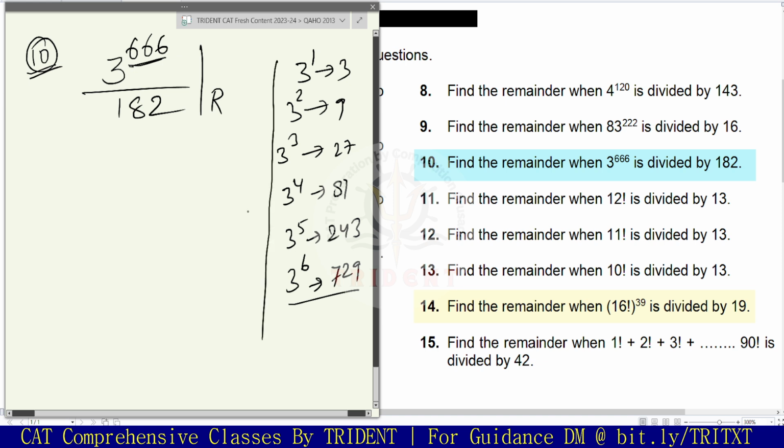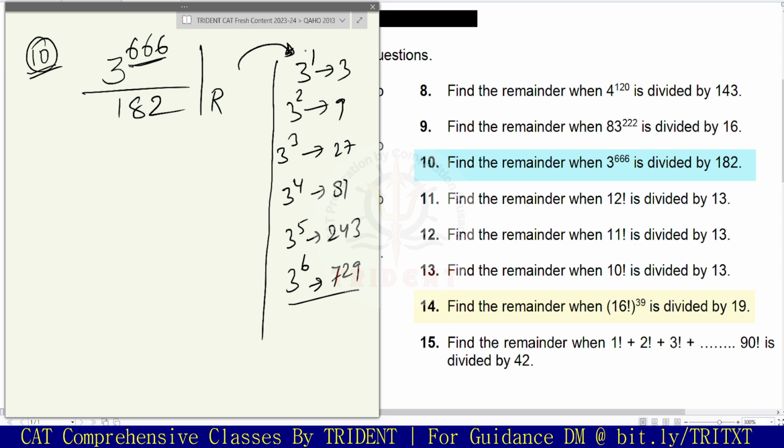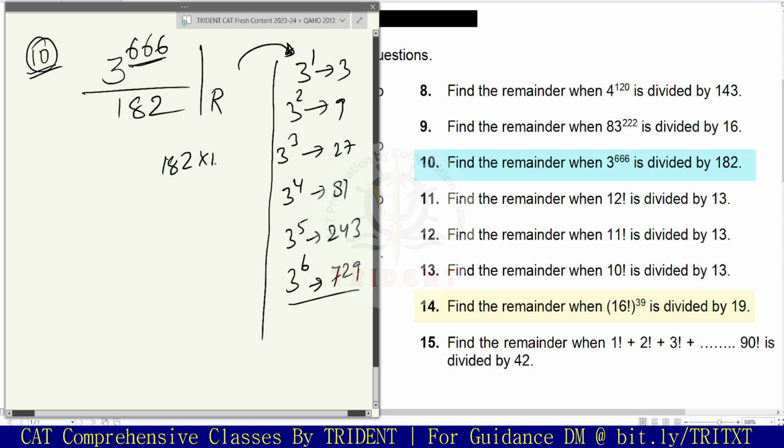Now, I don't know how long it will take for you to reach this stage, but if you haven't reached it here, don't worry, eventually you will reach what I'm doing. I'll show you how they have explained it, but I don't think the explanation will make any sense to you. 182 into 1 is 182.